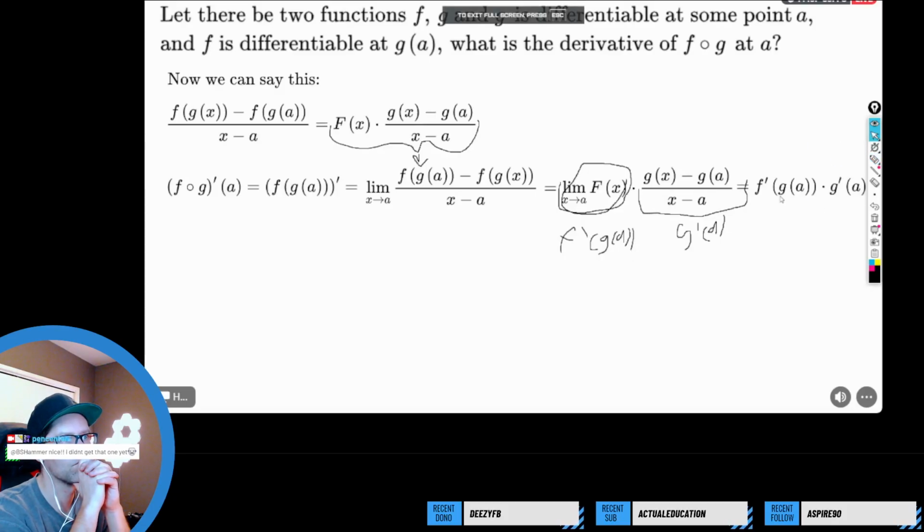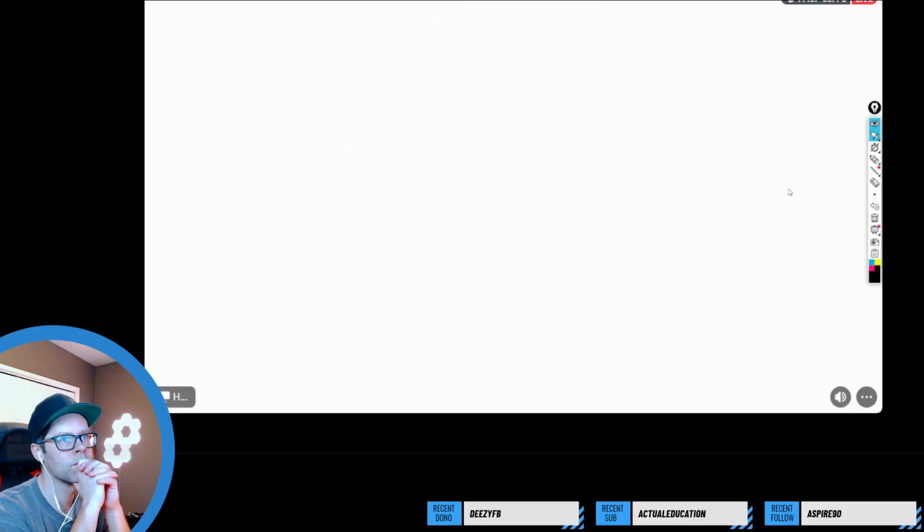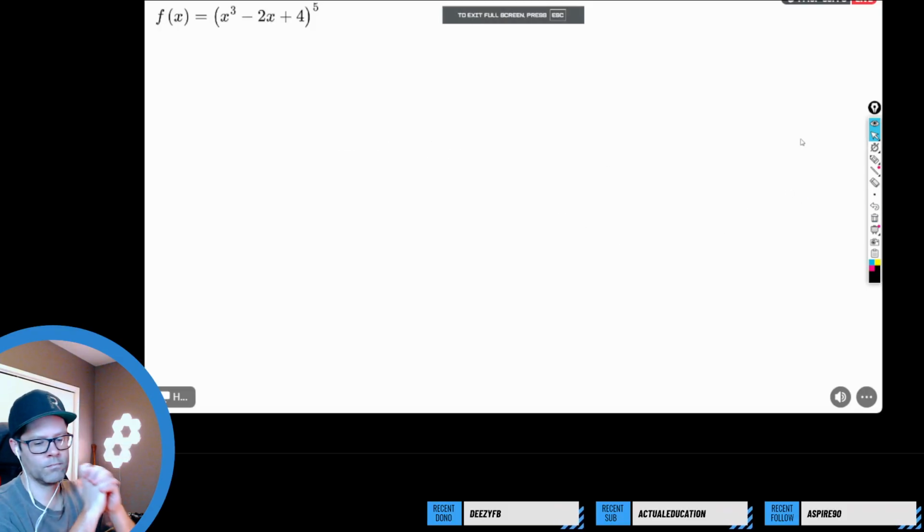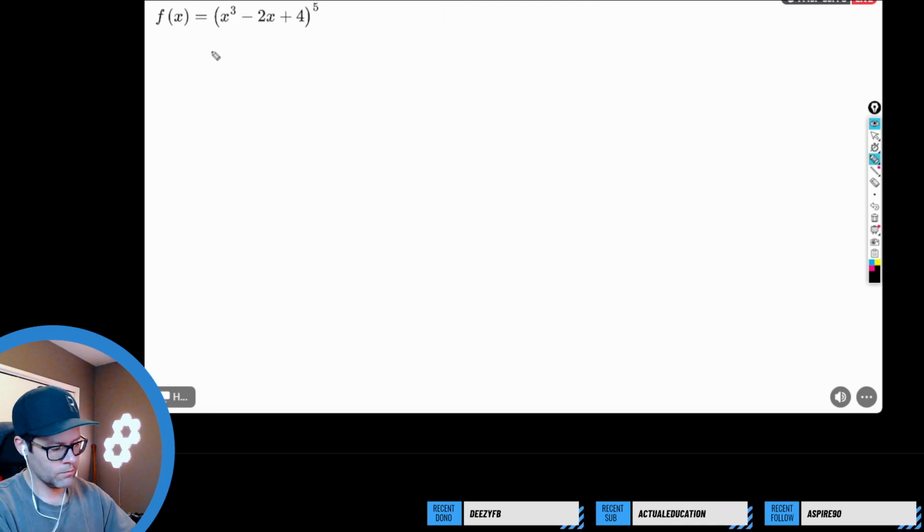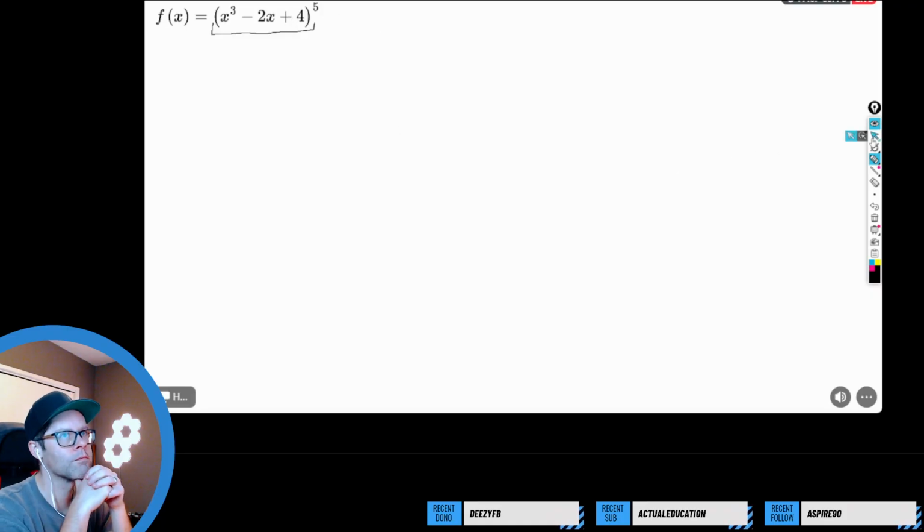So we get to this, and this is pretty nice. Now we can use it to look at functions, for example, like this, that before we might have needed to completely open, which is annoying, or use some extra tricks. But now with this rule, we can actually split it into two functions.